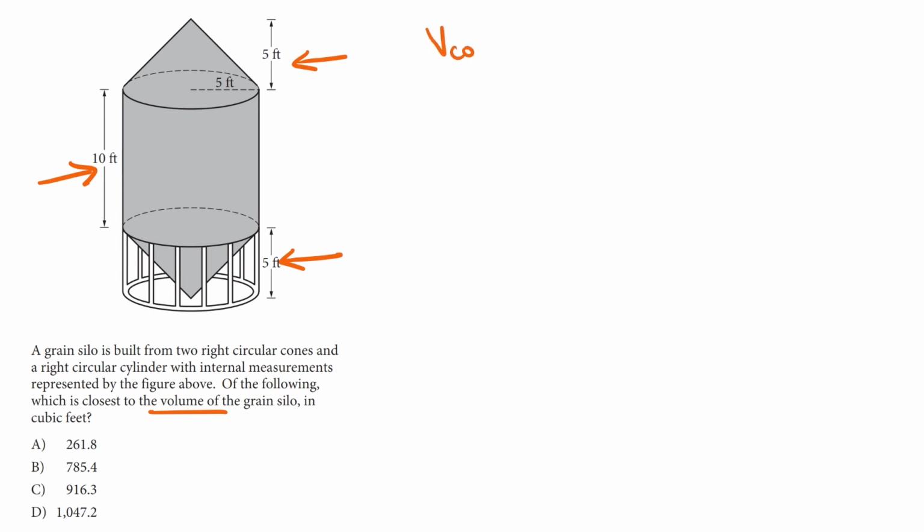The volume of a cone is equal to 1/3 pi r squared h. And then the volume of a cylinder is equal to pi r squared h. So let's solve for our volumes, and our calculator will be necessary during this problem. So starting with our cone, our radius is equal to 5 feet, and our height is equal to 5 feet.